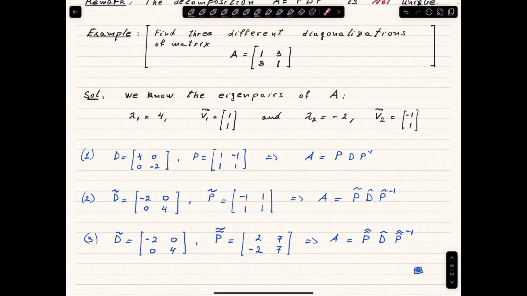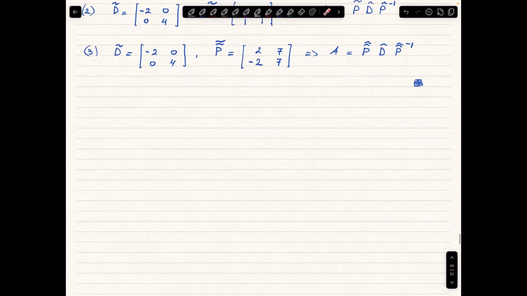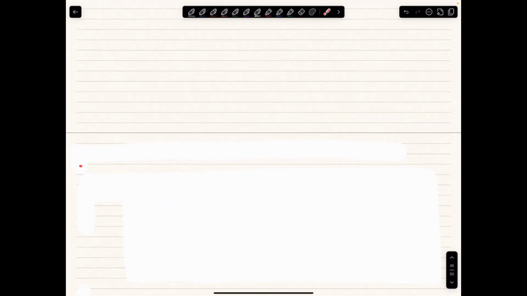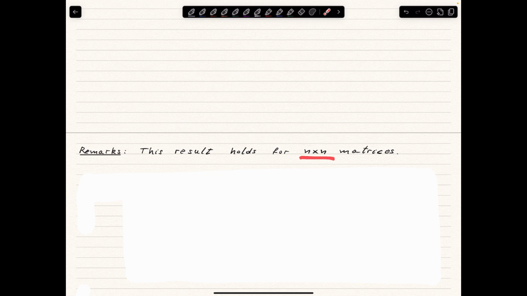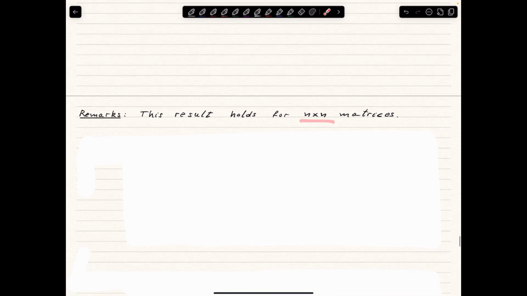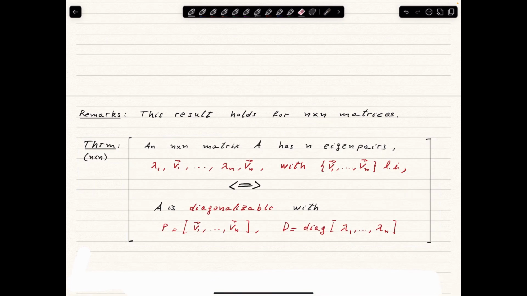The general theorem that we proved for 2 by 2 matrices actually can be proven for n times n matrices. And it looks something like this. An n times n matrix A, so a square matrix A, that has n eigenpairs, and here we have the first pair and the last pair, eigenvalue, eigenvector, eigenvalue, eigenvector.